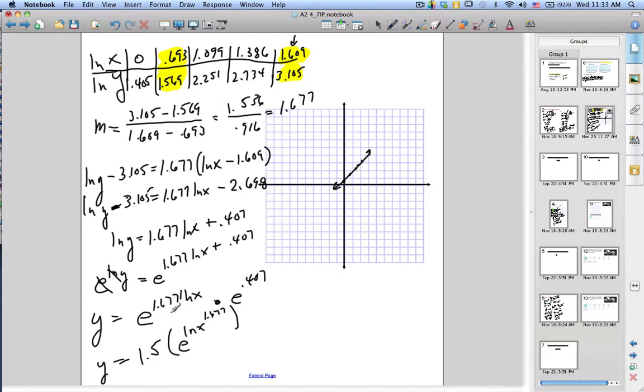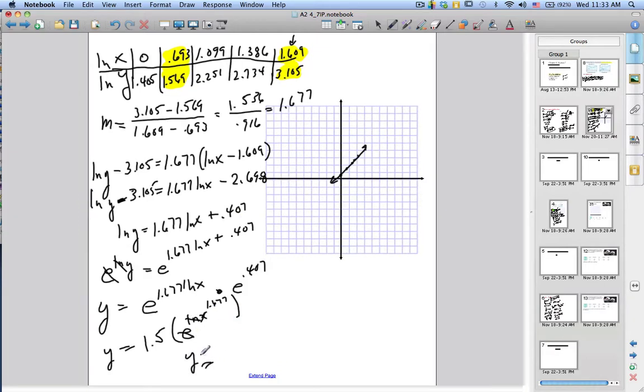Right, the coefficient in front, I condensed it and made it an exponent on the target of the logarithm. So now this is going to cancel there, and what I end up with is y is equal to 1.5 times x to the 1.677 power. And then we've gone ahead and created our power function.